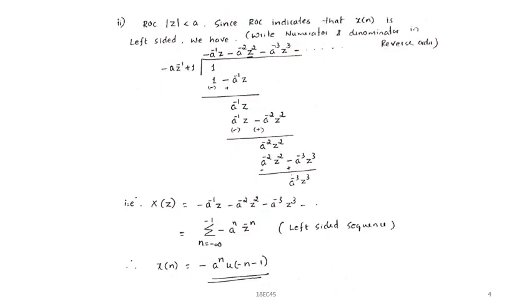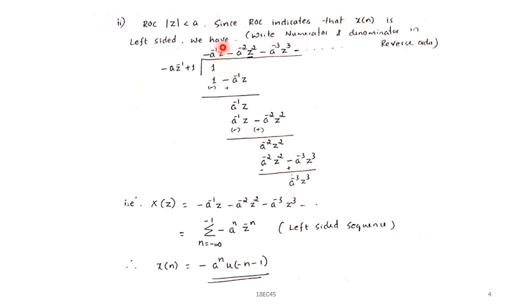Now the second condition, with ROC mod z less than a. Since the ROC indicates that x of n is a left-sided sequence, because the less than condition is always for a left-sided sequence, now we have to write the numerator and denominator in the reverse order. Here also I'll apply the long division method, but I'll write the numerator and the denominator in reverse order.